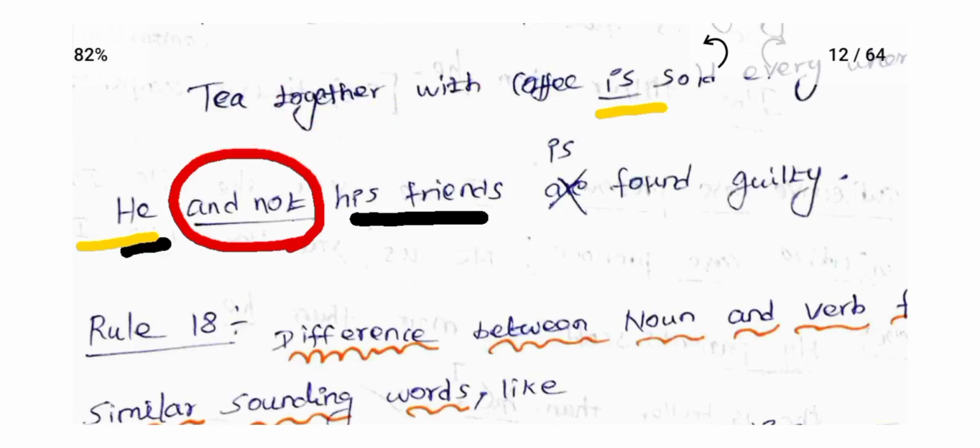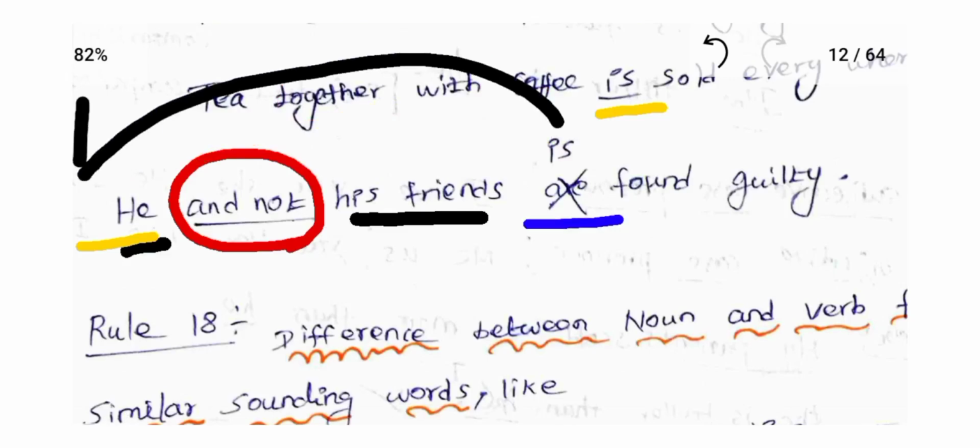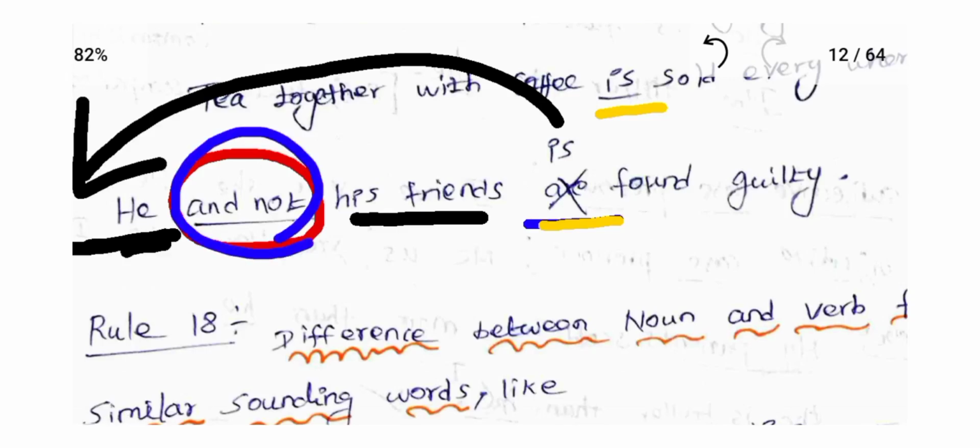Why do we put a singular verb here? Because when two subjects are connected by and not, the verb agrees with the first subject. The subject is he, singular, so we put the verb also singular, is.